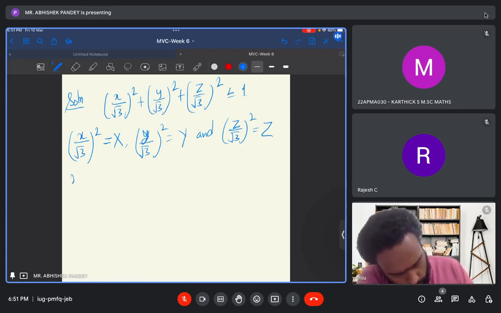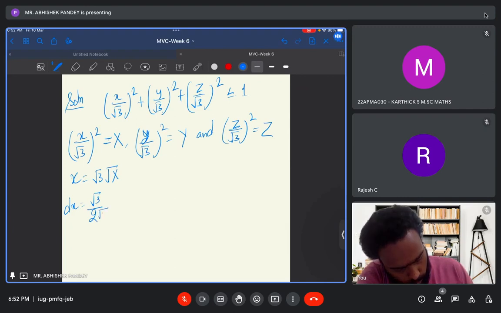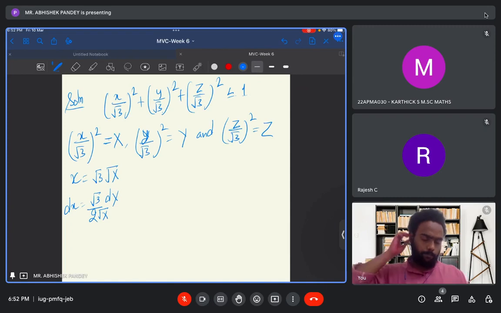So here your x is root 3 into root over x, so dx is nothing but root 3 by 2 root over x dx. I hope this is clear.